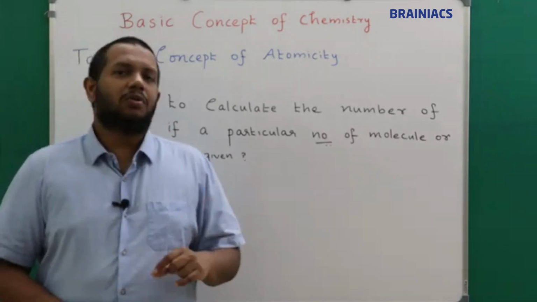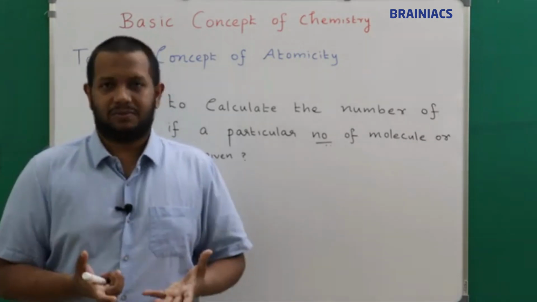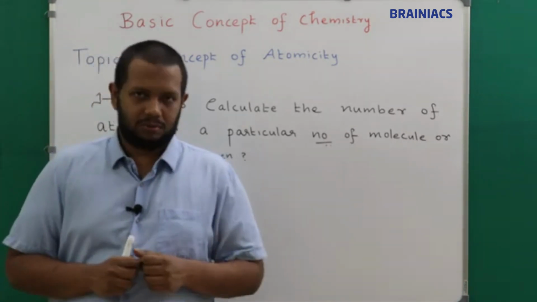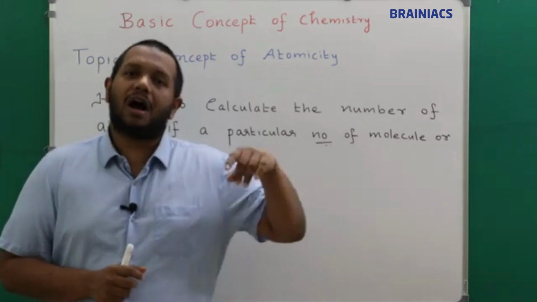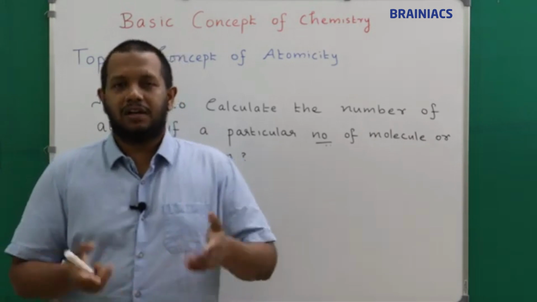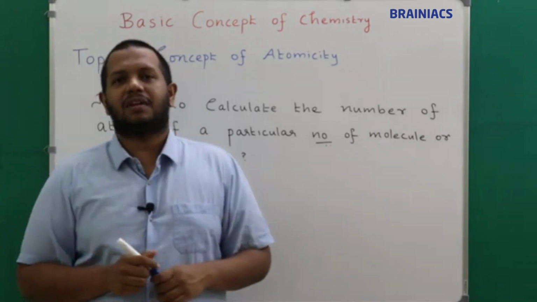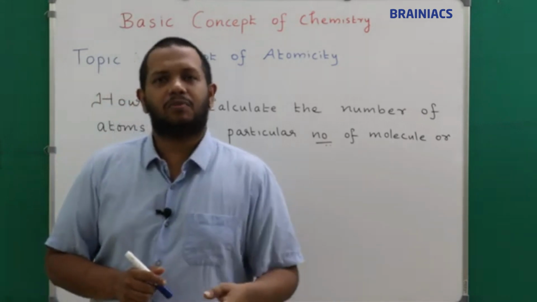Now I am going to explain a concept where the given stuff will be a molecule and you will be asked to calculate the number of atoms. Until now, if atoms were given, we calculated the number of atoms or converted into number of moles of atoms.